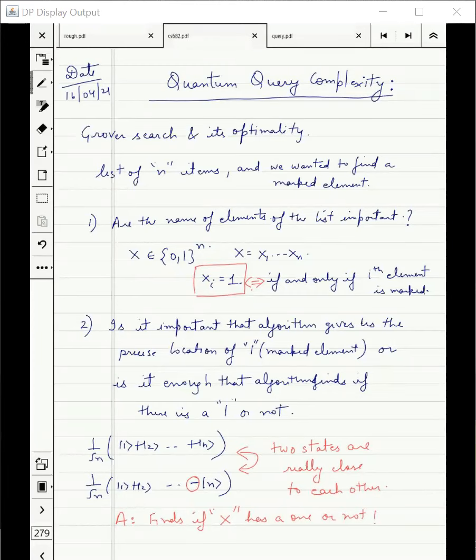Can you find another algorithm which does not take a lot more time, but actually gives you the index of where the marked element is? You can, for simplicity, assume that there is only one in the input for this problem.